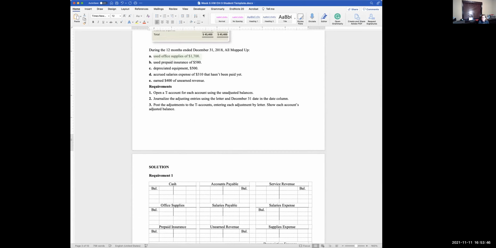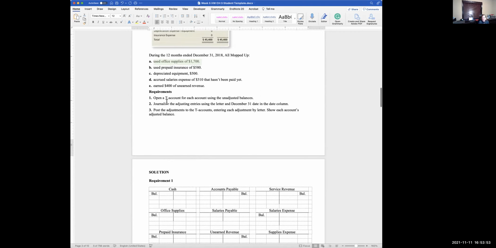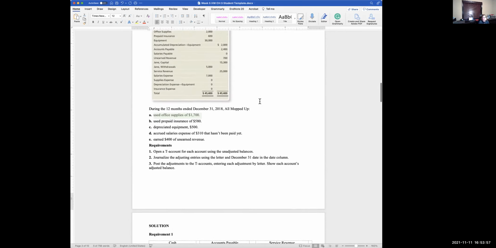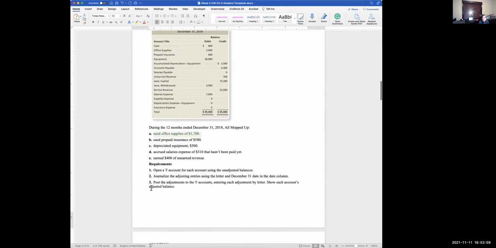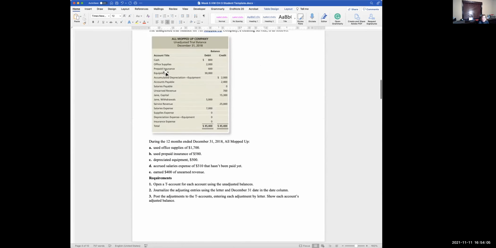then you're going to go into your office supplies, and well, the first item here, I'm sorry, it's asking you to open a T account for each account using the adjusted balances. So here you're going to take cash and you're going to enter cash here of $800 on the debit side, because we know cash is an asset, right?